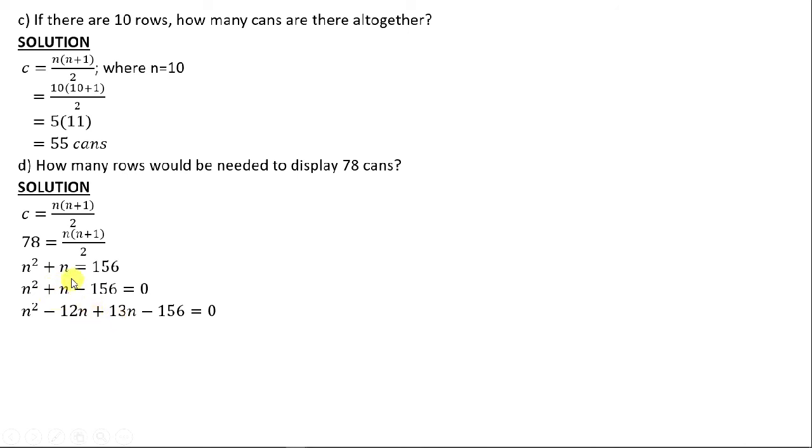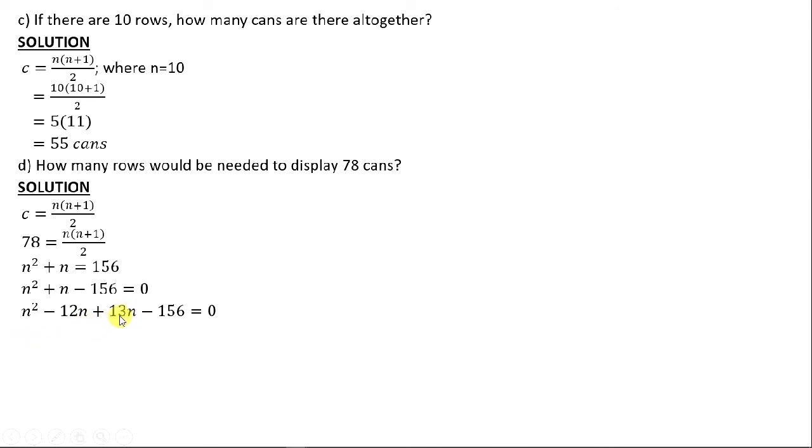So we'll rewrite this n as a sum using those factors. So we are saying n squared minus 12n plus 13n minus 156 is equals to 0. And then we are going to factorize by grouping terms. What is common between n squared and negative 12n? n. So we'll factorize the n out.